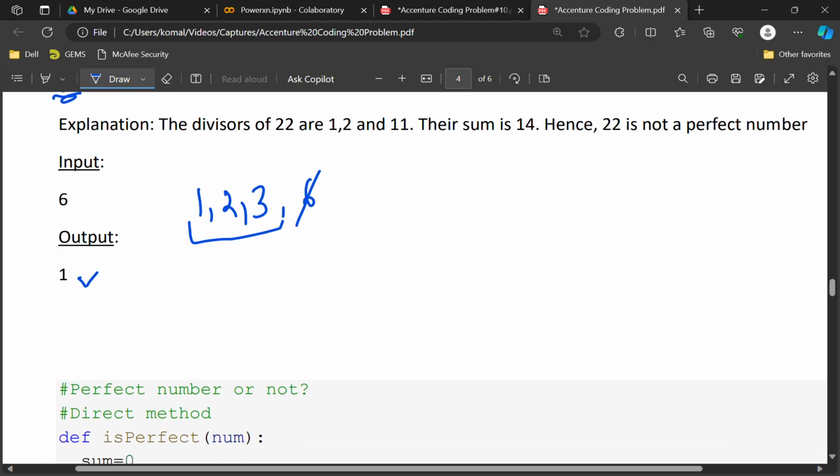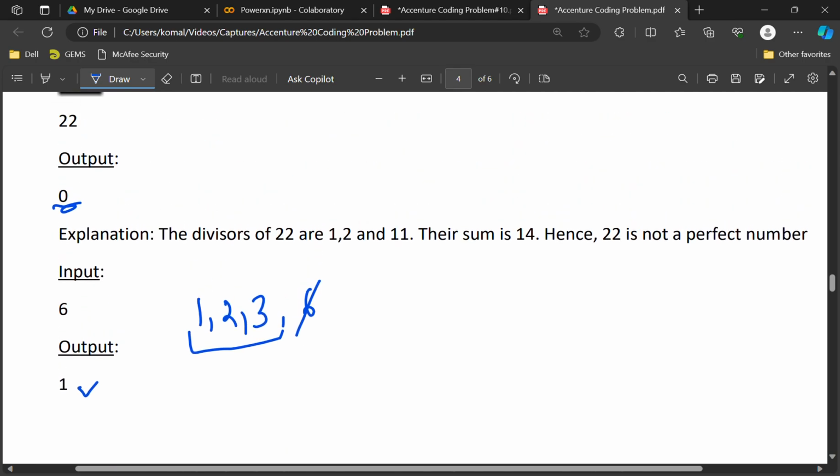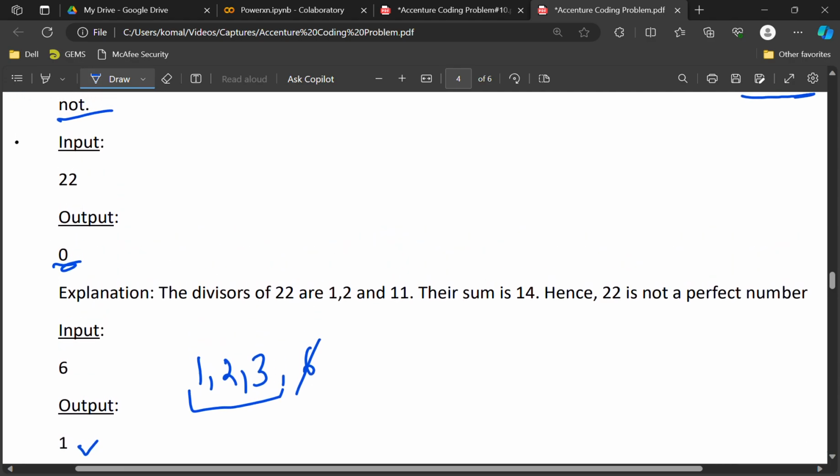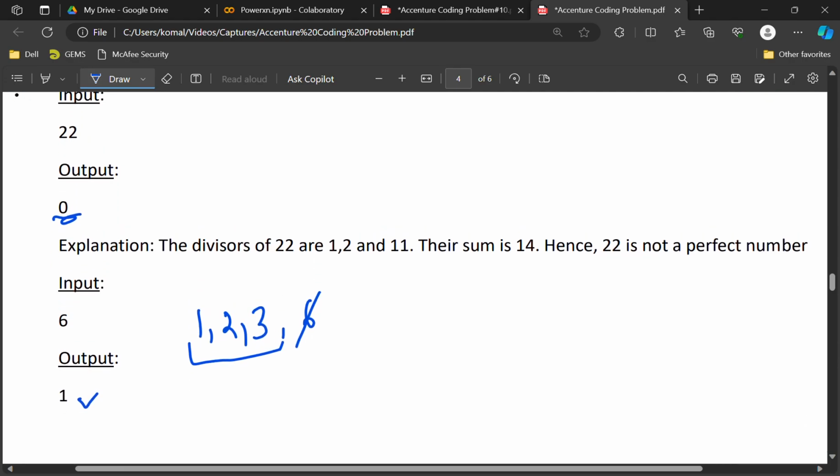The constraints are not available here. I assume that for number-based problems, as they have said the divisors are positive, the constraints may be like this: 1 less than or equal to n less than or equal to 10 power 9.